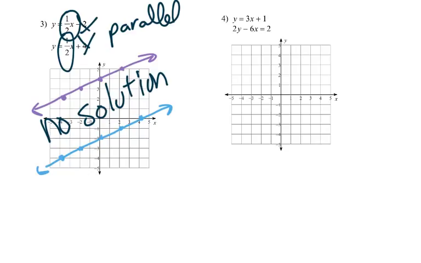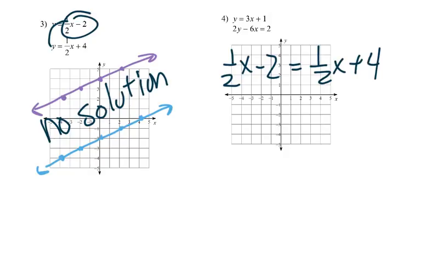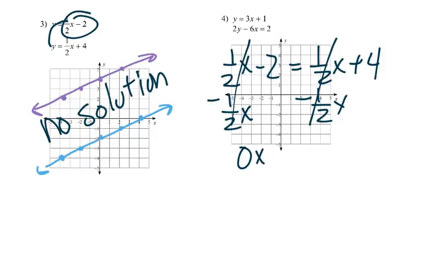Okay? Now, let me show you how we do this algebraically so that you can see. So I will have to do it again for this one. So, if I did substitution, this would substitute in for y. So I'd have 1/2 x minus 2 equals 1/2 x plus 4. And what's going to happen as you go to solve it is 1/2 x minus 1/2 x, they both become 0x, or just 0.